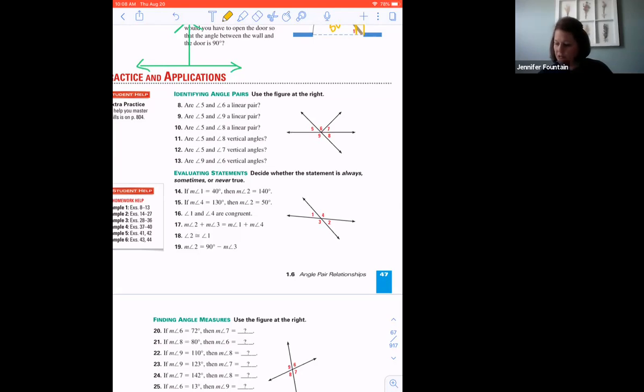And then on page 49, let's do 42 through 52 evens.